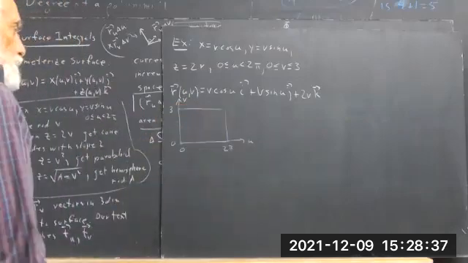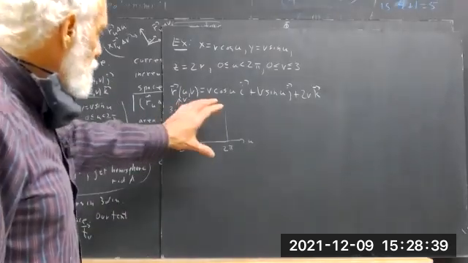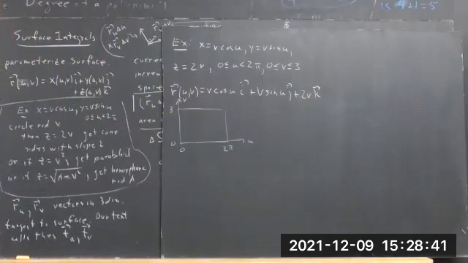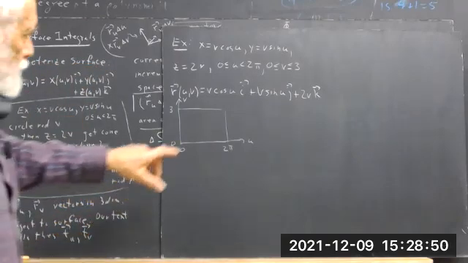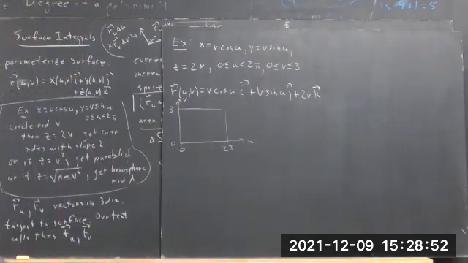It's a rectangle in the UV plane. Now, the UV plane is a parameter space. It has nothing directly to do with the three-dimensional space that we're modeling the cone in. It has actually nothing directly to do with the cone.